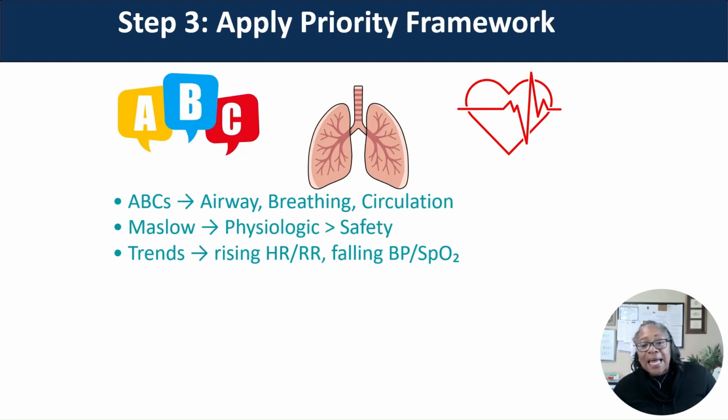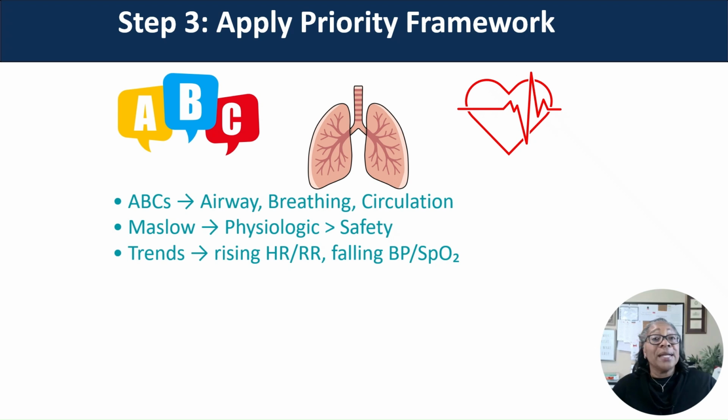So let's apply the priority framework. Your tools are ABCs: airway, breathing, circulation. Then Maslow's. You're always going to look at physiologic, which is more important than safety, which is more important than love and belonging, which is more important than the patient's self-esteem. Okay. You're going to look at trends.